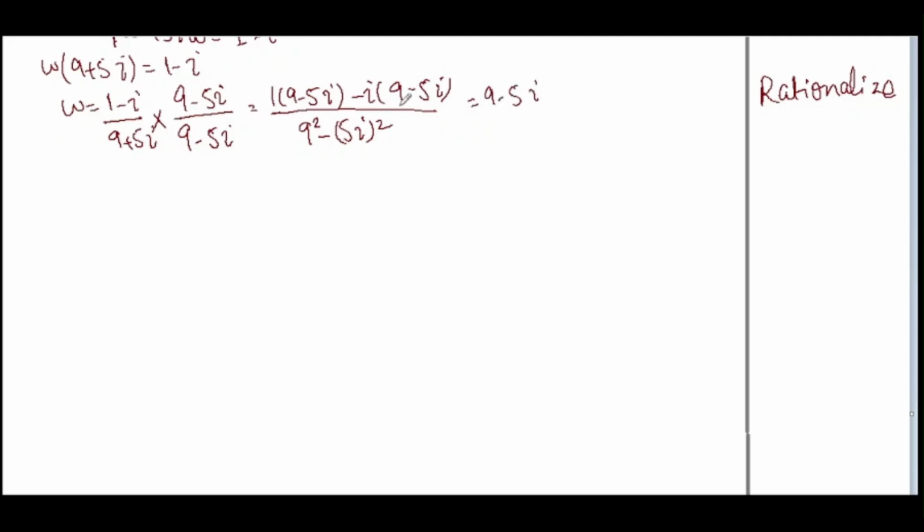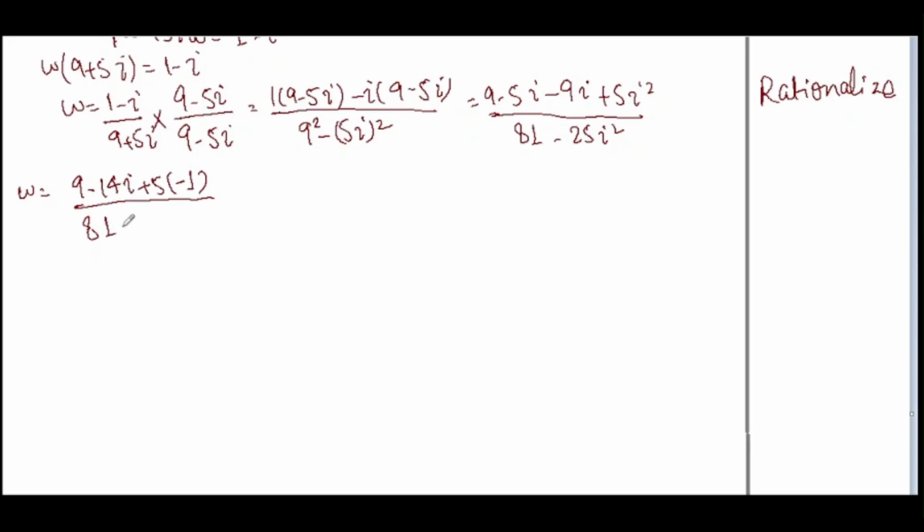Now we have to multiply this minus iota with this term, so we get minus 9 iota plus 5 iota square, whole divided by 9 square is 81 minus 5 square is 25 iota square. Now w equals 9 minus 5 iota minus 9 iota, that is 9 minus 14 iota, plus 5 into iota square, which is minus 1, whole divided by 81 minus 25 into minus 1.